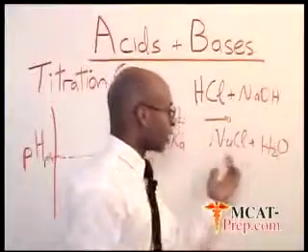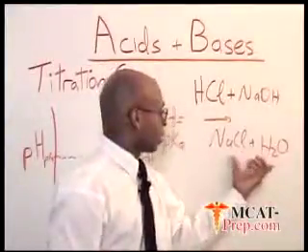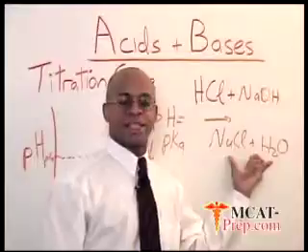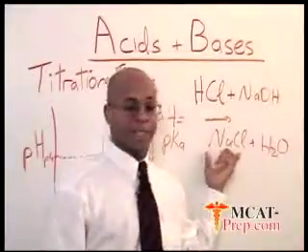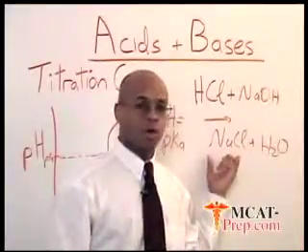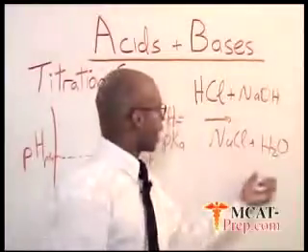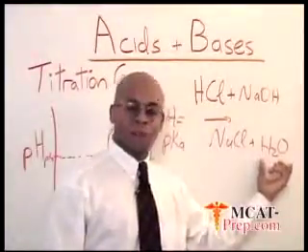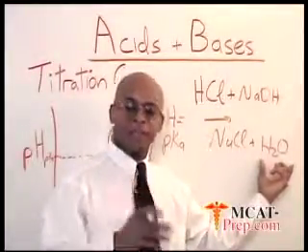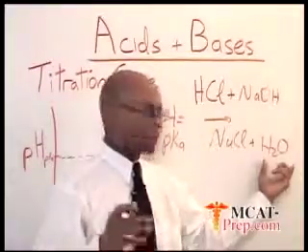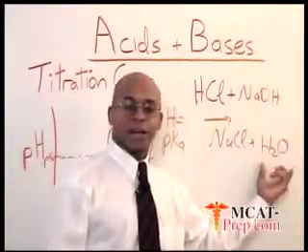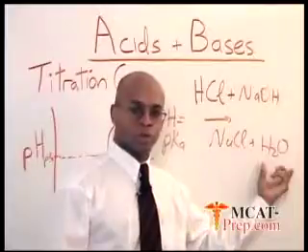Now, if you were to look at this and try to determine, what is the pH of NaCl plus water? Well, NaCl doesn't have any hydrogen or OH minus ions, and water has an equal amount of H plus and OH minus, according to the equilibrium constant for water dissociation.